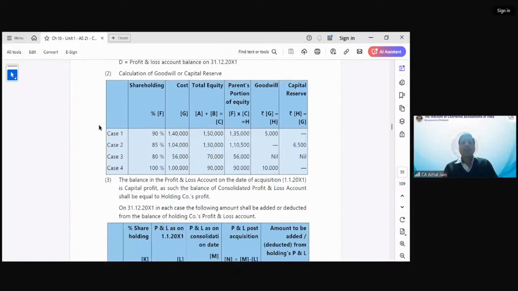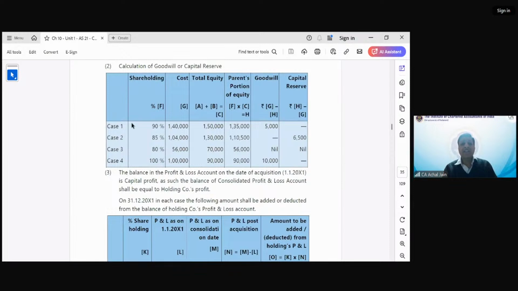Now, for each company, percentage holding is given in the question itself. Cost of investment is also given. Also, the total net assets. Now, please remember that the total net assets is something you will take when it is wholly owned. For example, case 4.